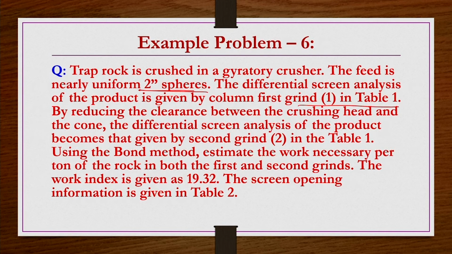In these gyratory crushers we can reduce the clearance between the crushing head and the cone. So that clearance is reduced, and then the crushing is done again. The differential screen analysis of the product obtained by reducing the clearance between the head and cone of the gyratory crusher is labeled as grind 2.